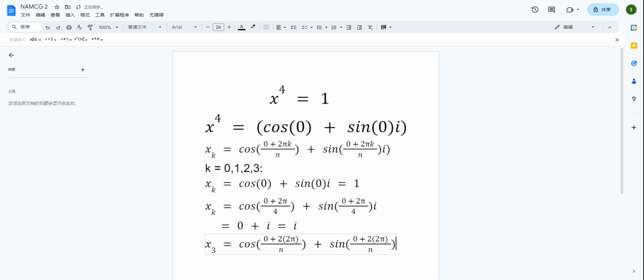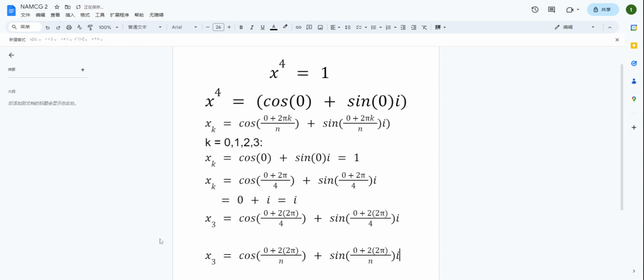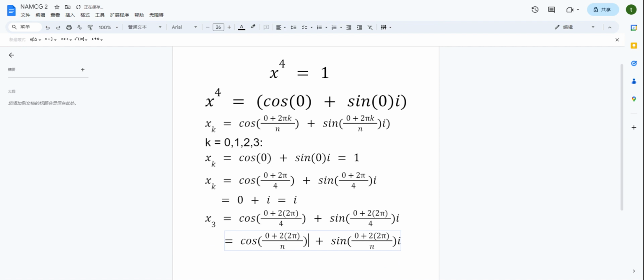So in this case, it's equal to cosine pi plus sine pi i. So in this case, it's equal to negative 1.